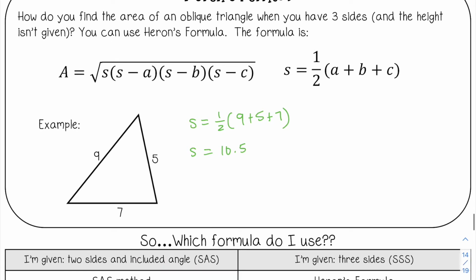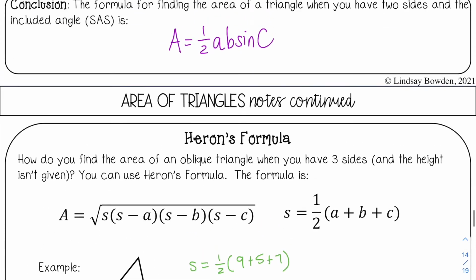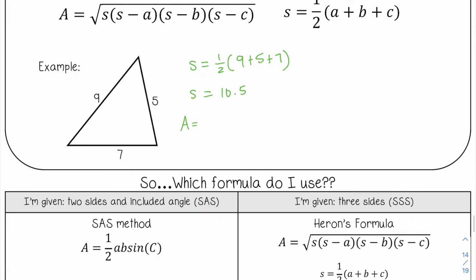And then I can use that and apply it in my formula. So area equals the square root of S minus A. A, B, C are your 3 sides.